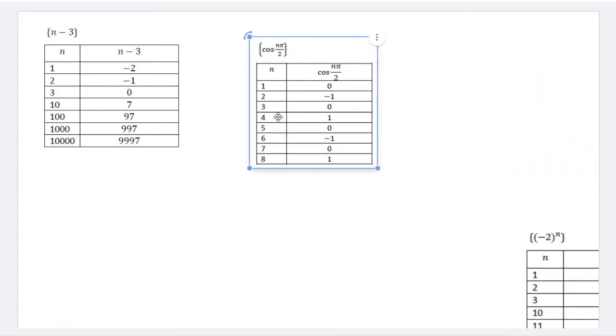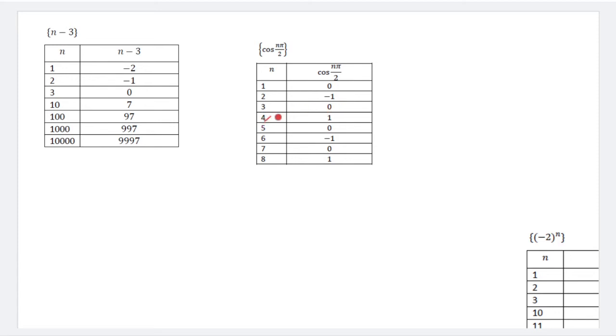Let's look at another sequence. Let's have the sequence cosine n pi over 2. If our n is 1, cosine of pi over 2, that's 0. If our n is 2, that would be cosine of pi, that's equal to negative 1. If our n is 3, that's cosine of 3 pi over 2, that is again 0.